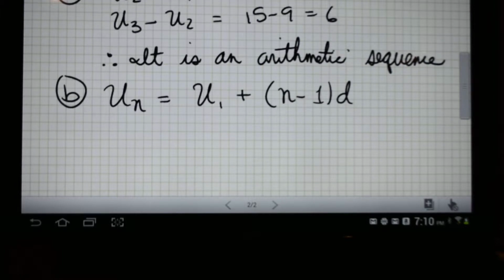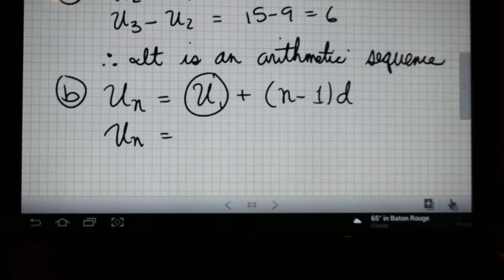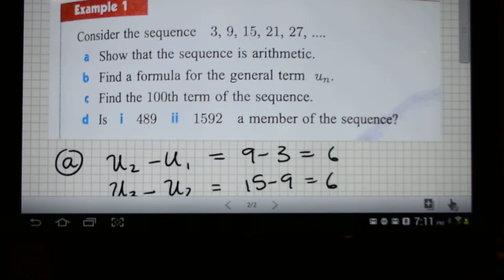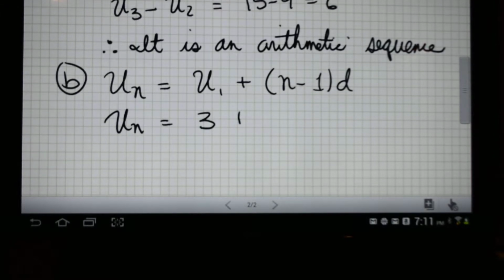So UN equals U1, which is the first term, which is 3, plus, and actually we're not plugging in N, I lied. That's going to be your general formula, the formula you're going to use to find any term. So if you need to find the 100th term, you just plug in 100 for N. Very simple. And the common difference we already know is 6.